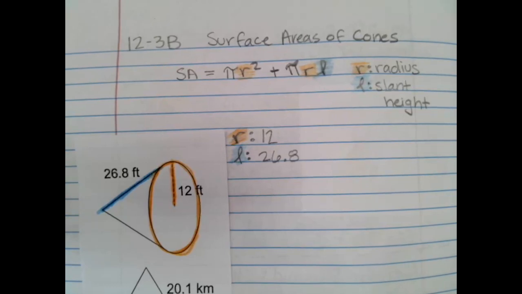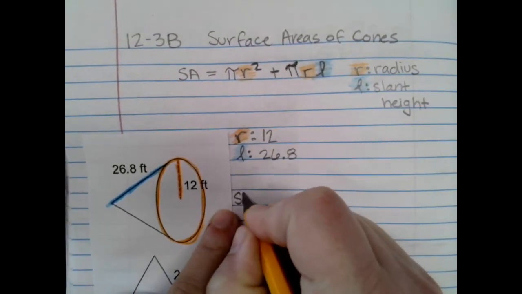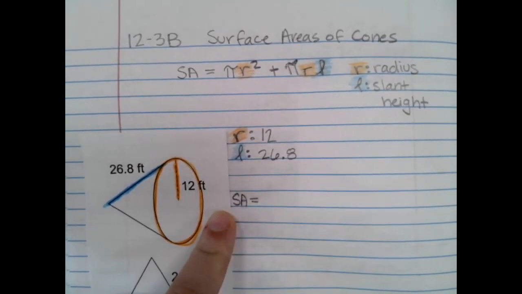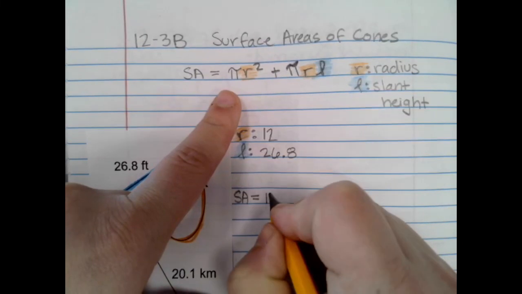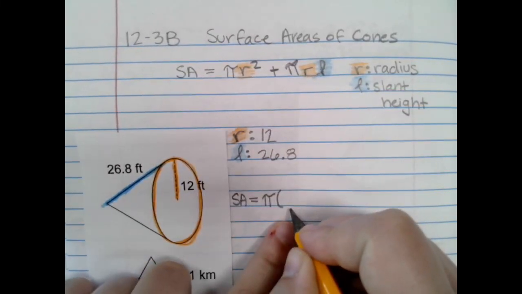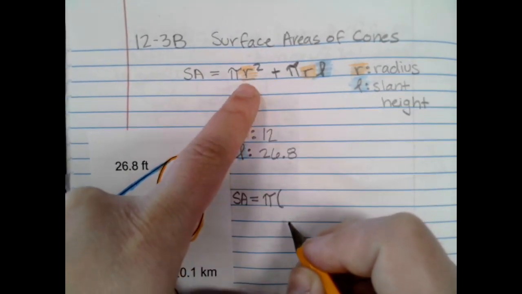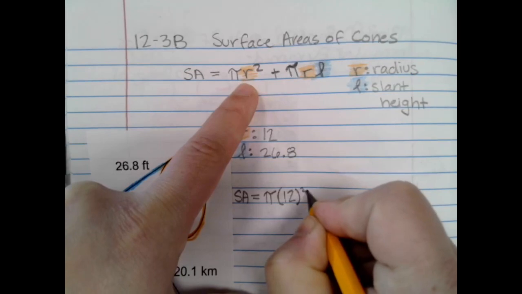As soon as we have those two things, it's just plugging it into the formula. So today's pretty straightforward. It's just making sure we identify those two things correctly. So surface area equals, and it goes pi, and then our radius squared. So radius is 12.